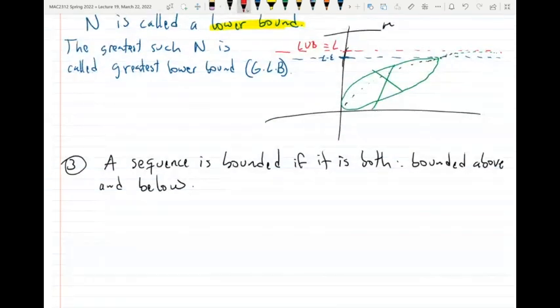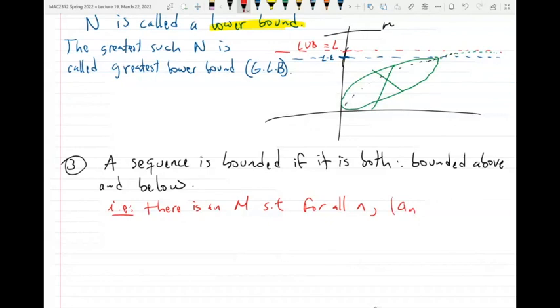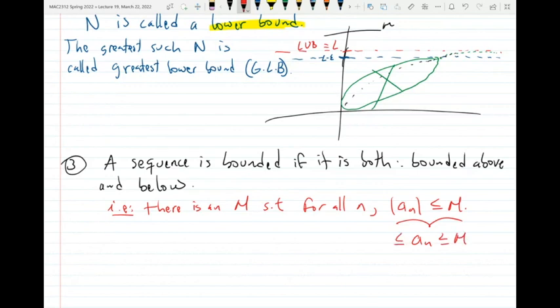And if you want, what that means is that there is an m such that for all n, the absolute value of a_n is less than or equal to m. Remember that this means that the terms of your sequence are between m and minus m. That's what I'm saying when I put the absolute value. So m is an upper bound and negative m would be a lower bound, right?